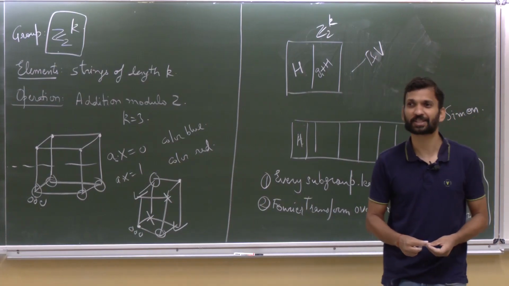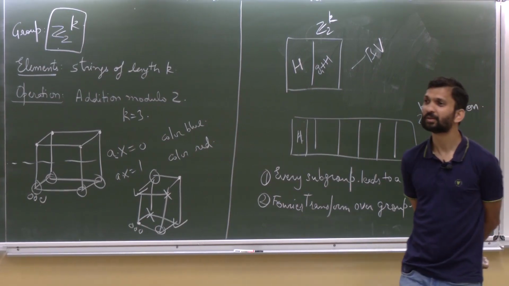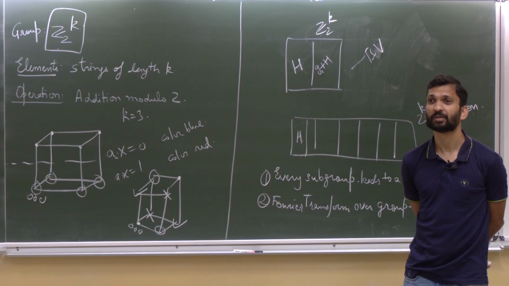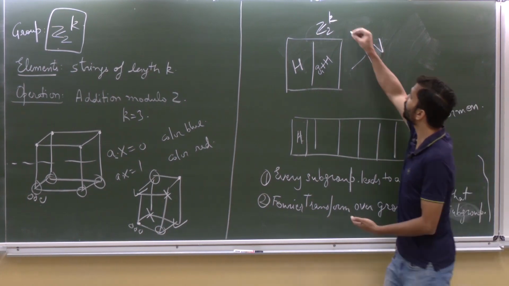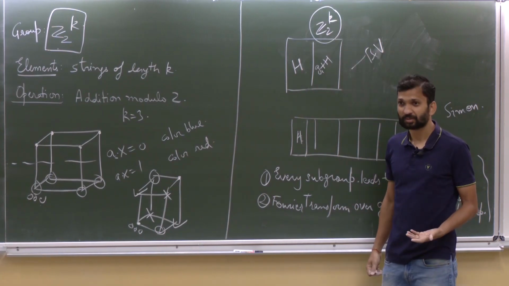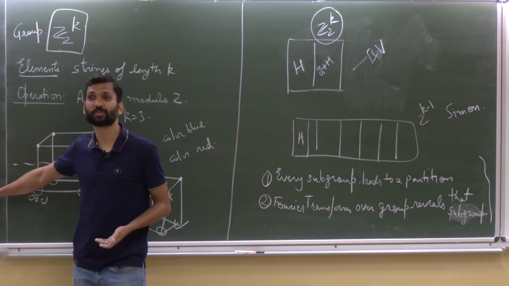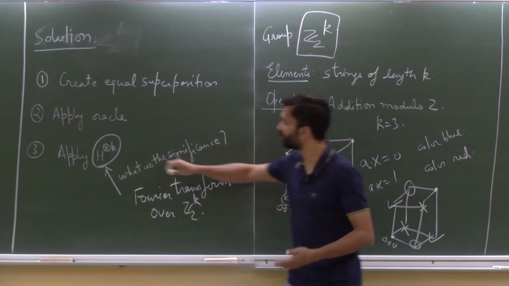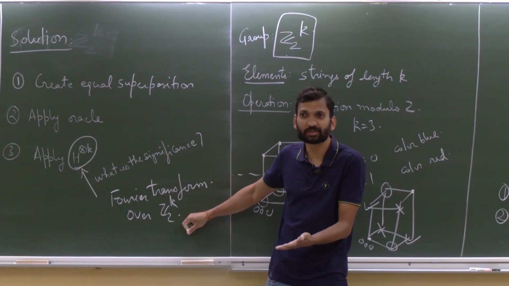Then what do we do? What will you do next? Good, that's a very good thing to think. Why restrict ourselves? Are there other groups where we can do Fourier transform? Like the Hadamard has given us a lot of information about Z2 to the power k.